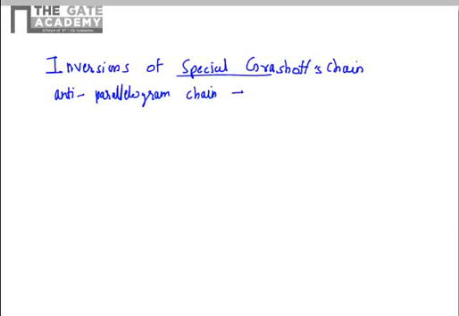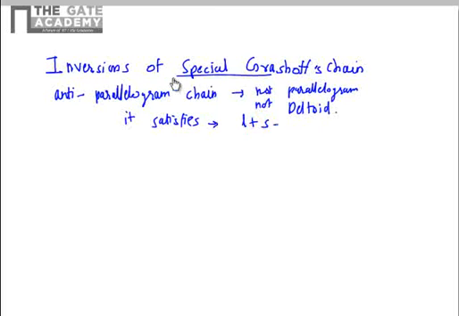So it is not a parallelogram, it is not a deltoid, but it satisfies L plus S is equal to P plus Q. So I can sketch a representative mechanism here, not to scale.